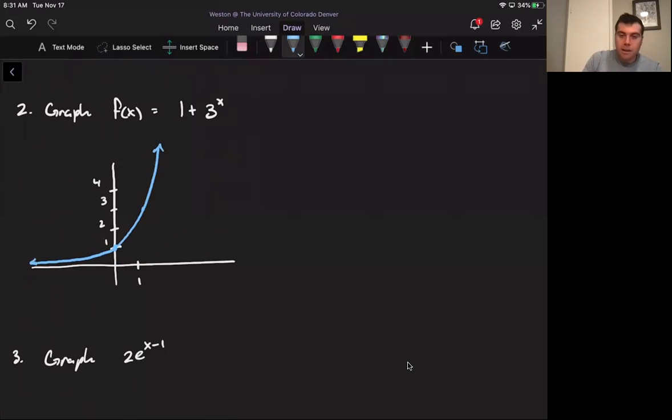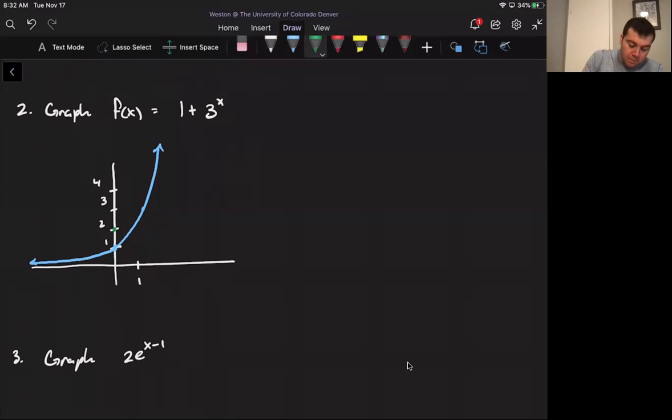And we'll try to make it look a bit steeper than the 2 to the x, since the 3 to the x will grow faster than the 2 to the x. And now we have to deal with this 1 plus, and that's just a vertical shift upwards, 1 unit.